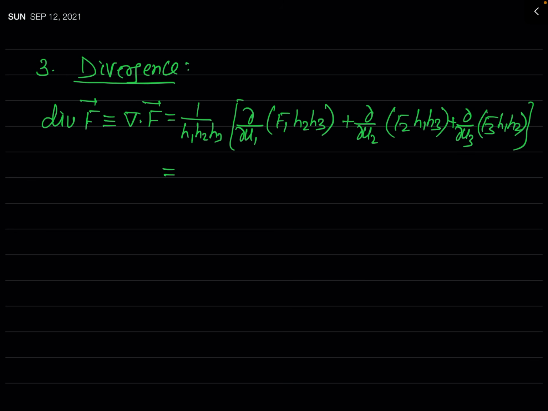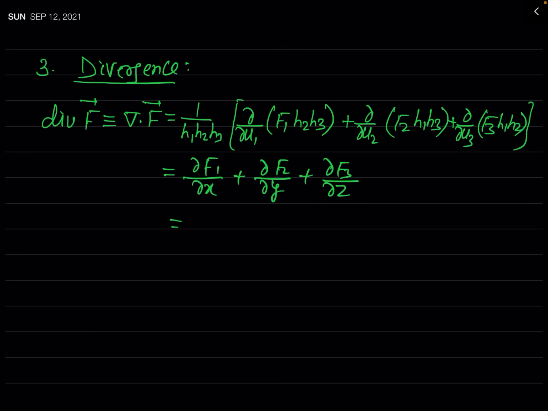In this case, you can write that del dot f, or divergence of f, will be simply equal to del f1 by del x plus del f2 by del y plus del f3 by del z.